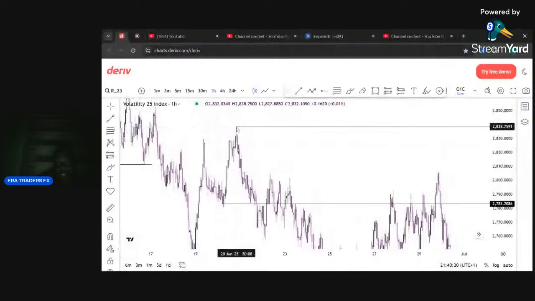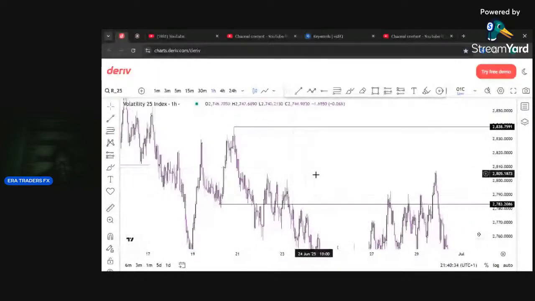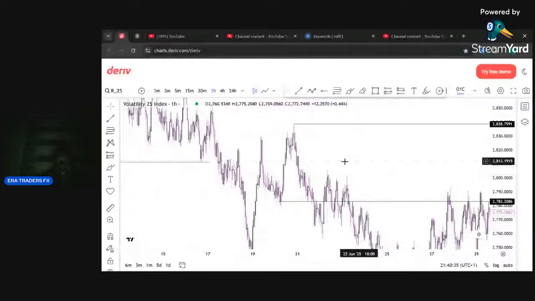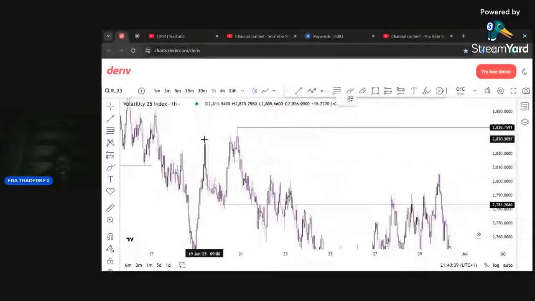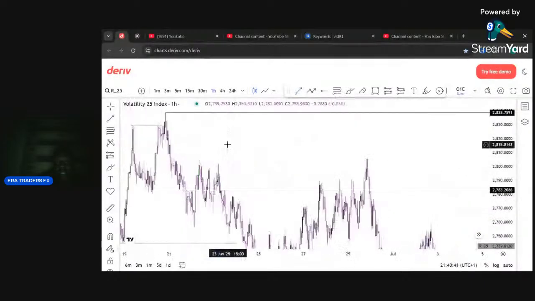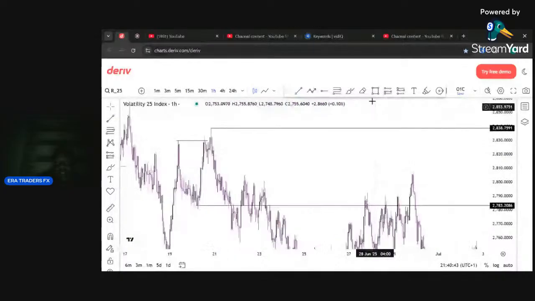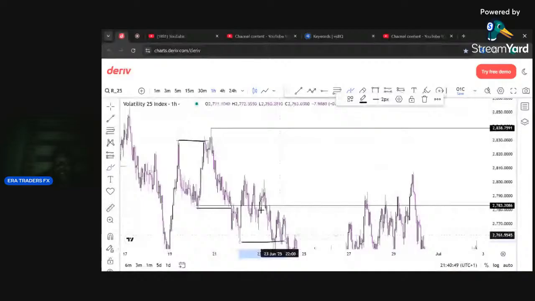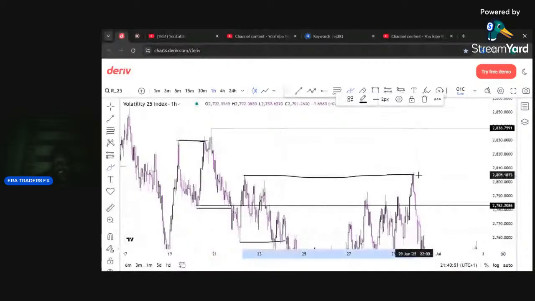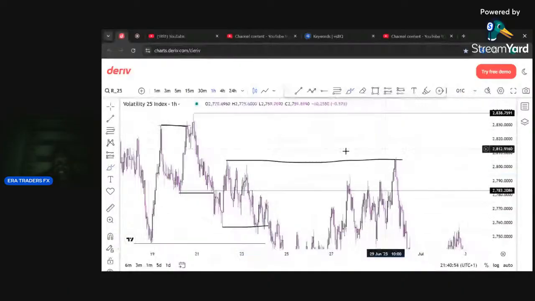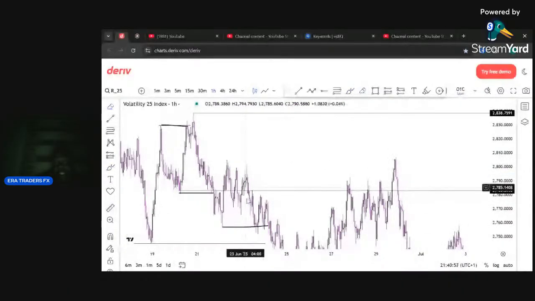Now if you're using the O1C strategy, you see that there's a sweep of this high, a break of structure to the down, then a second break of structure that gave you this structural liquidity that was taken out. So it gives you a more refined zone, and there's a structural liquidity here, and that was the trade.